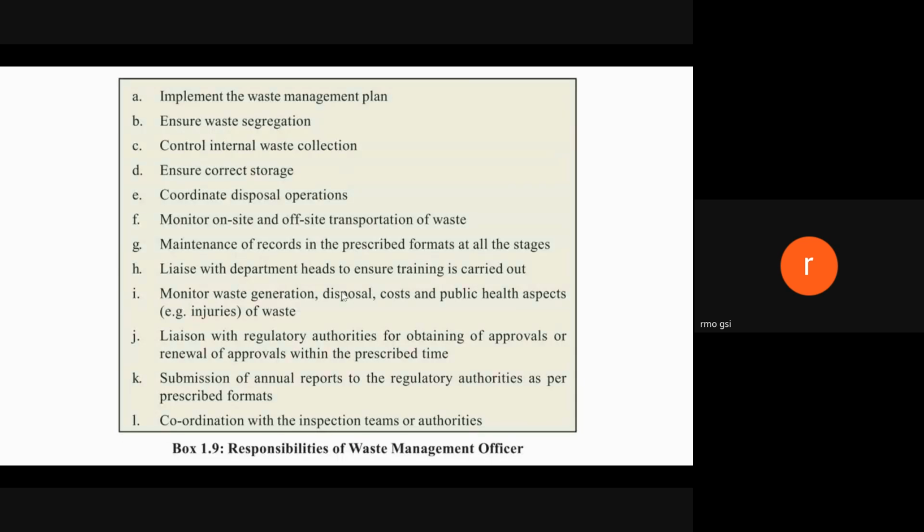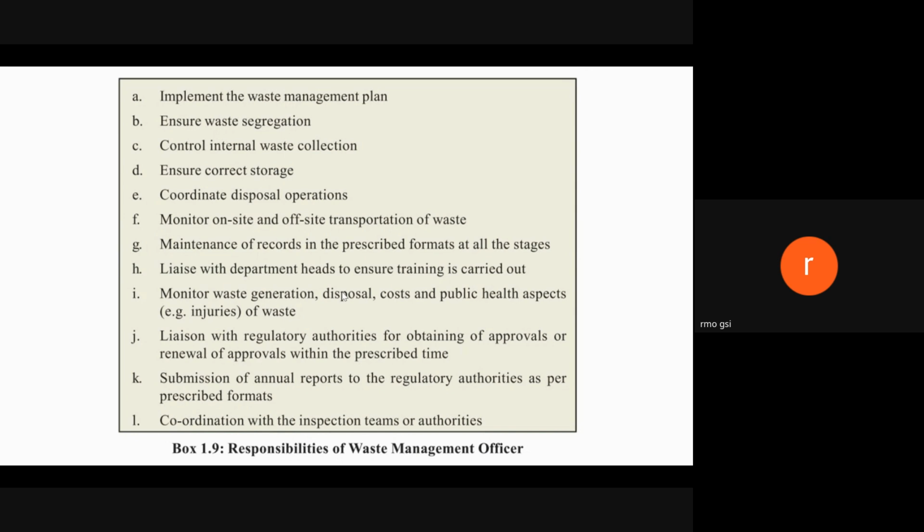What are the responsibilities of the waste management officer, the person looking after waste management? It may be your infection control nurse, infection control officer, or sanitary inspector, but someone who has complete knowledge regarding waste management.